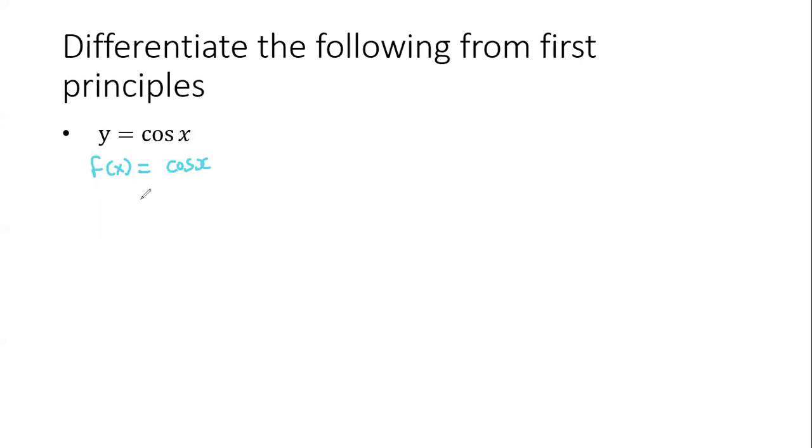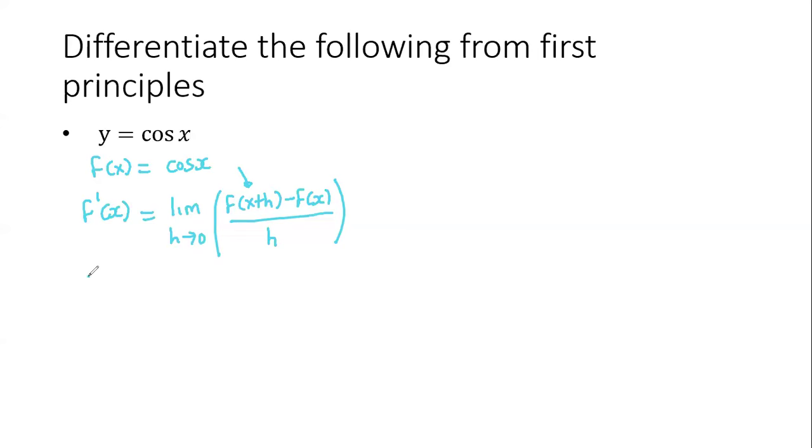At this particular point, we know that our formula says f prime of x equals the limit as h tends to 0 of f of x plus h minus f of x, divided by h. That is the formula. Your task is always to find f of x plus h.